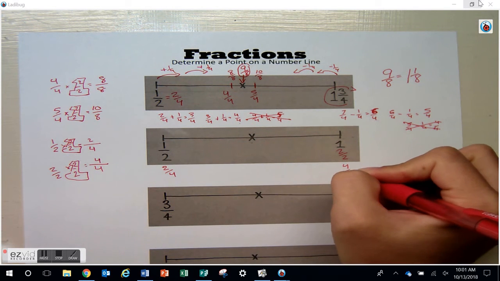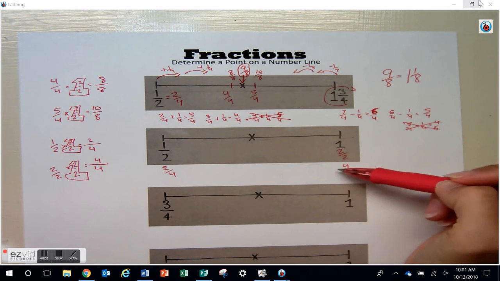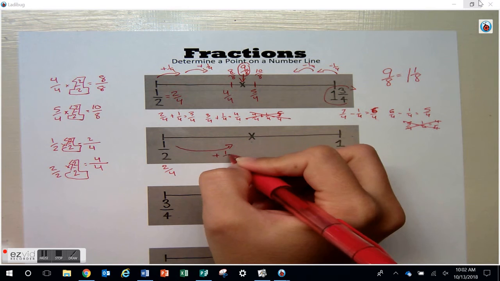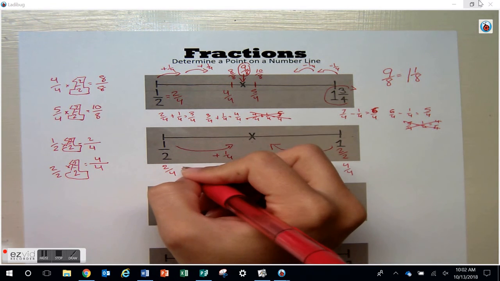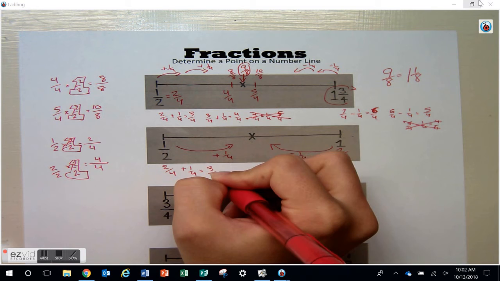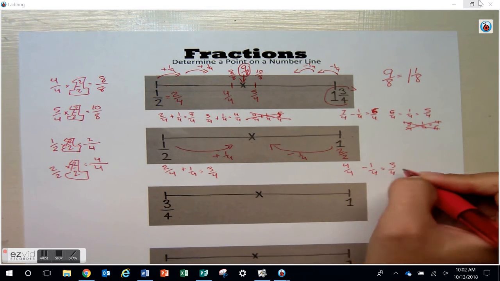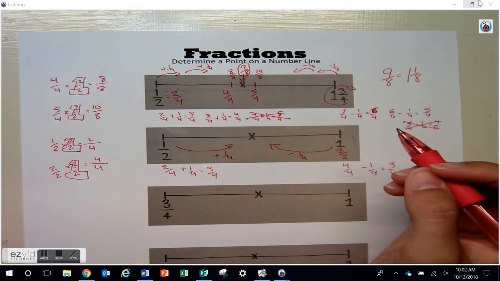Well, if I add a fourth and I subtract a fourth, let's see, 2/4 plus 1/4 gives me 3/4. 4/4 minus 1/4 gives me 3/4. So that's got to be the value that we have for that midpoint.